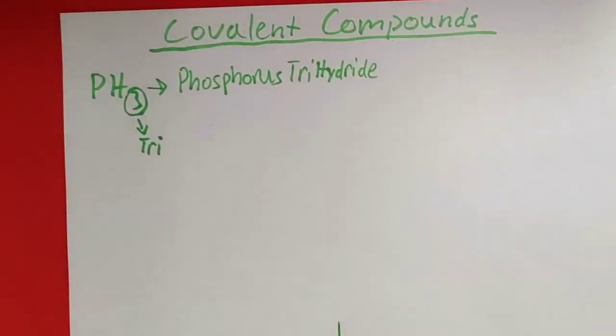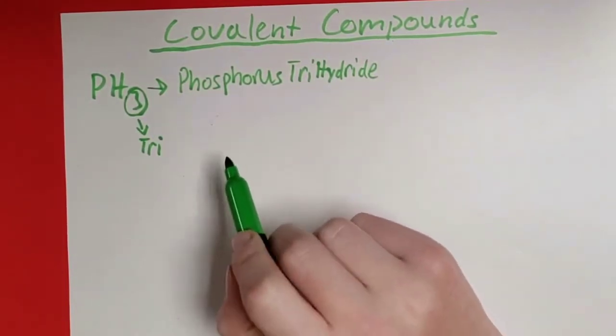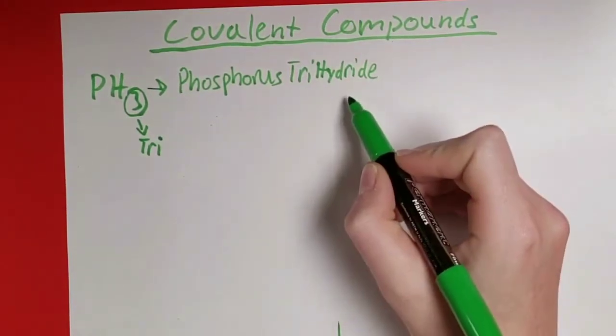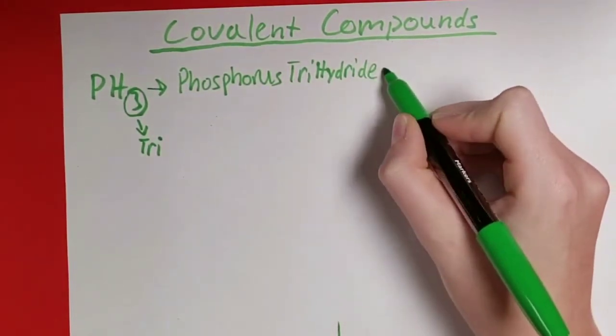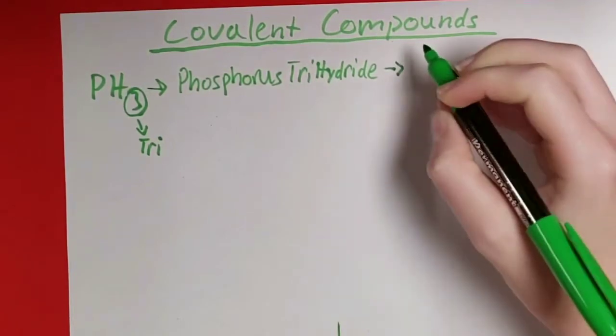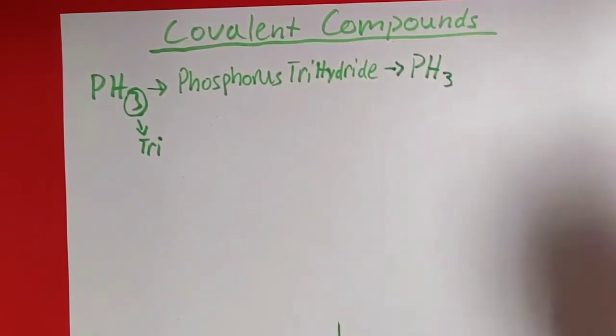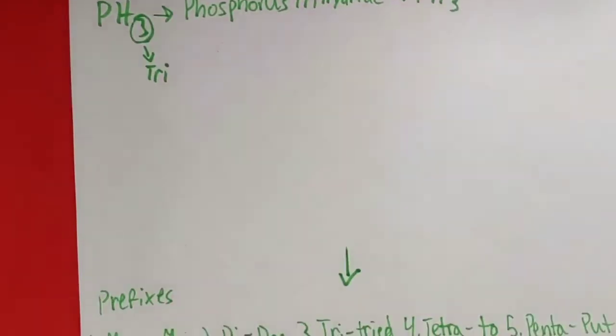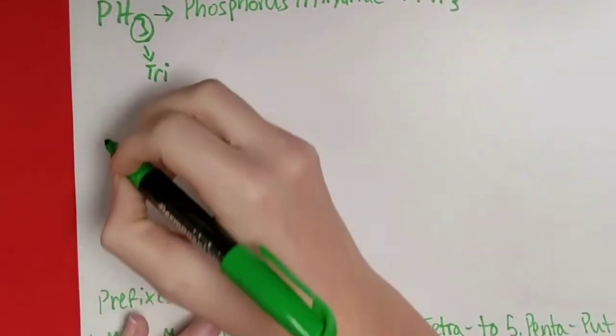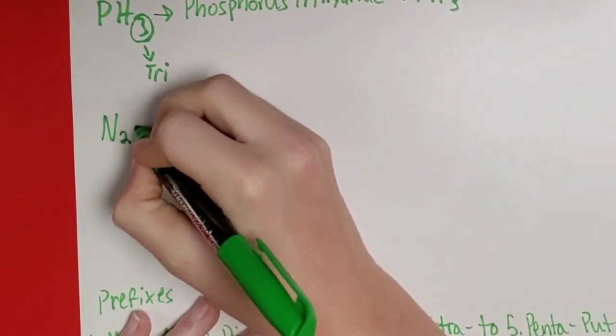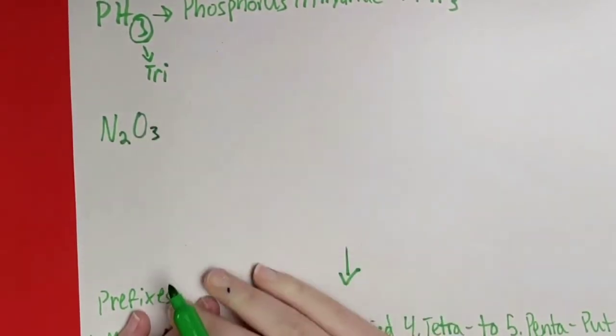We want to go from the chemical name of the covalent compound back to a formula. All we would need to do is look at the prefixes and make sure by looking at the electronegativity that the right nonmetal is first. Another example, we have N2O3. The N is nitrogen and the O is oxygen.